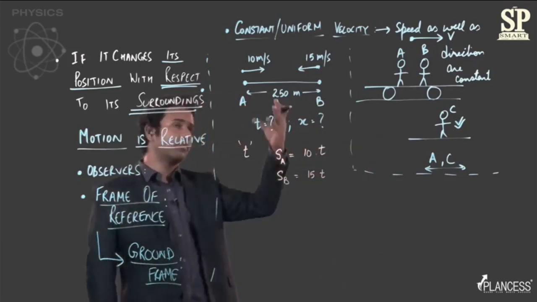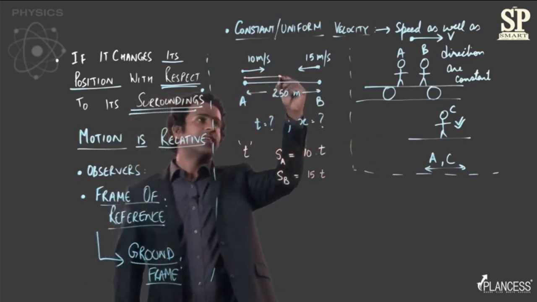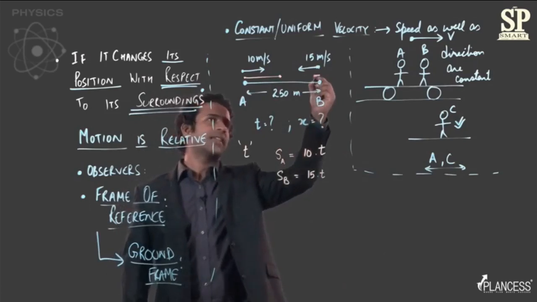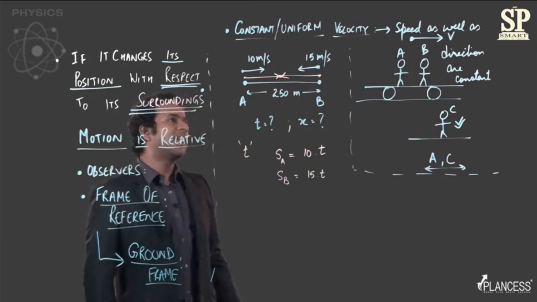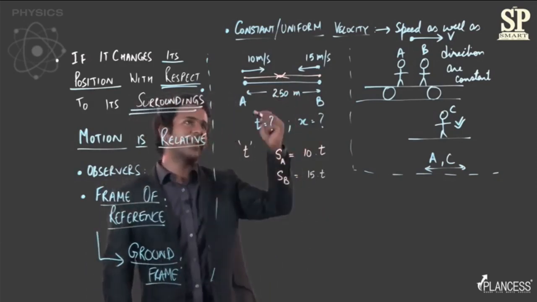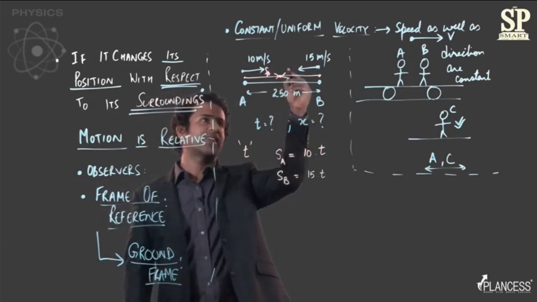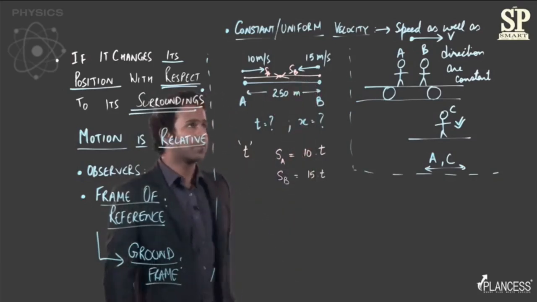Also, if you observe, I've indicated the distances covered by A and B by these arrows. You can clearly see that this is SA and this is SB.